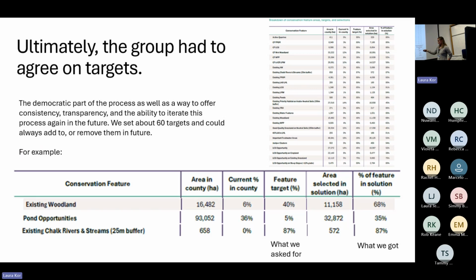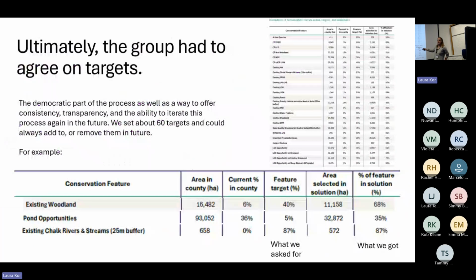Some of our features are much more constrained, so our existing chalk rivers and streams and a buffer area totals 650 hectares, and we set a much higher target. That was felt to be a significantly more important feature for the county to make sure that we had enhancement work directed towards. So we set it at nearly 90%, and we got nearly 90%. But the higher you set the targets, the less it typically overshoots by, because it's working harder to make sure it meets those.